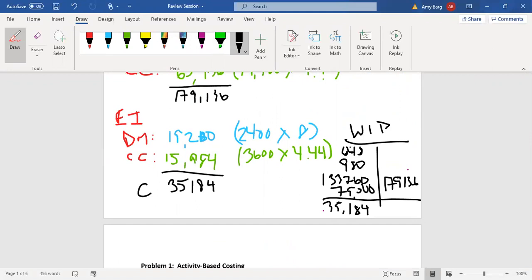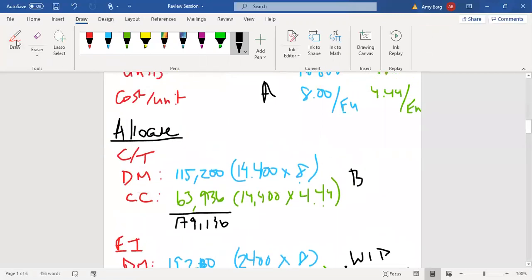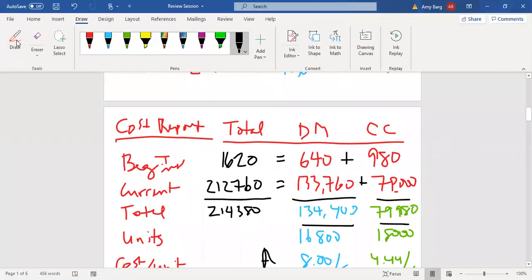The other thing that I wanted to point out was that if you add up these two numbers, in this case, unfortunately, it doesn't work out, but if you add this 35,184 to 179,136, you're going to get 214,320. That number should match this number up here.